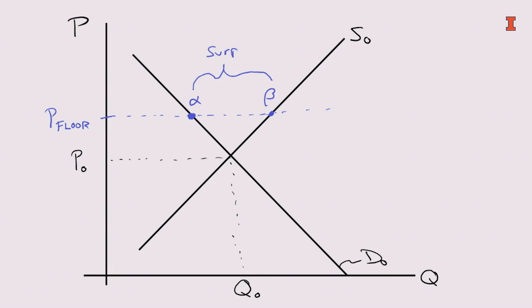In a freely functioning market, that surplus would put downward pressure on price, and as price went down, people would want to buy more, quantity demanded would increase, and firms would not put so much on the market, and eventually they would get rid of that surplus. But that's not allowed here, because the floor price says you can never go below P floor.